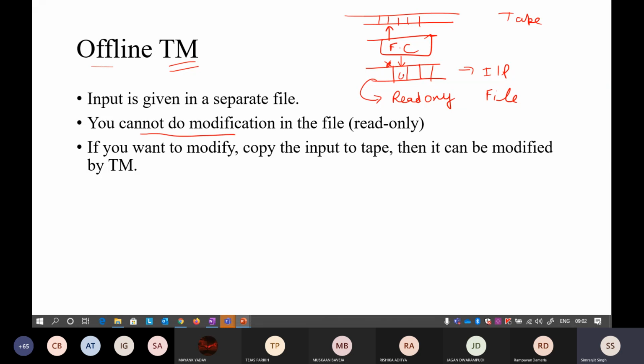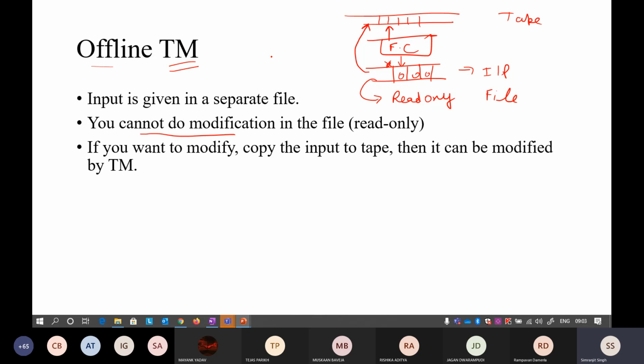If you want to modify it, you first have to copy everything from the file to the tape, and on the tape you can make any modification, because your finite control can read and write at the same time. So in the offline Turing machine, everything else is the same; only the style of input is changed. The input is given by a read-only file.